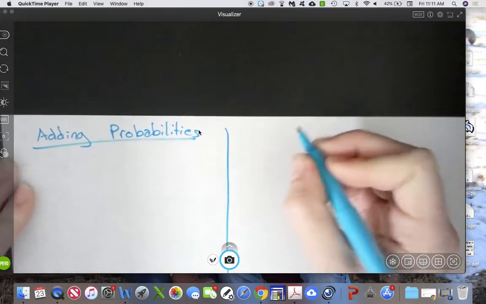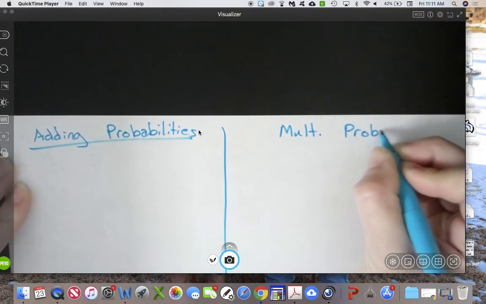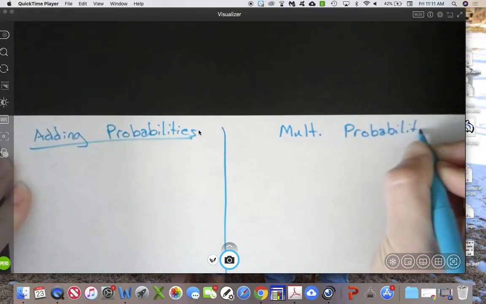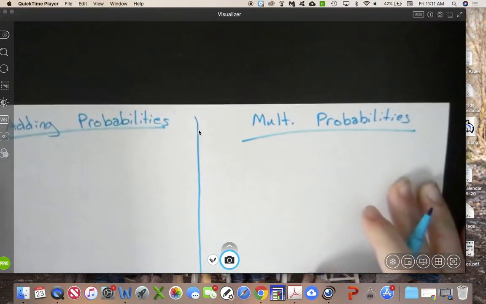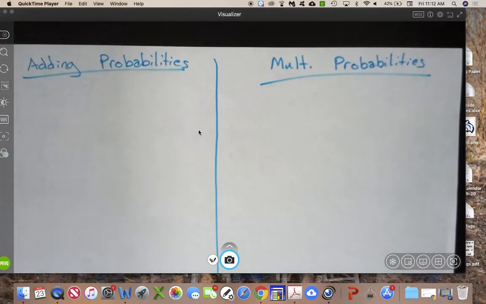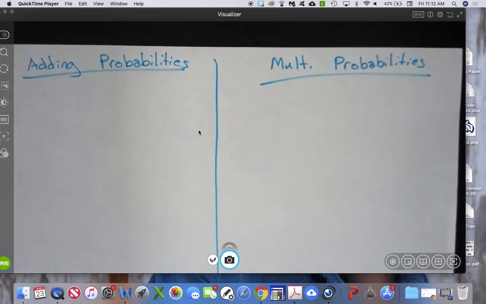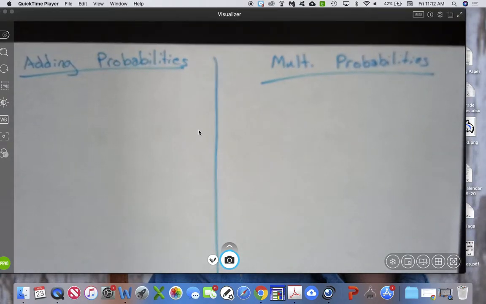Okay, adding probabilities. Here we are going to multiply probabilities. Adding, multiplying. Okay, try to keep your paper a little bit organized. Have some good handwriting, Marcus, so that you can actually read this again. What? Too late? Jason's already done for.